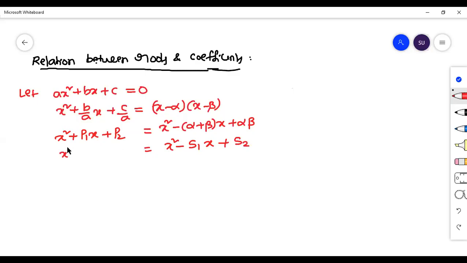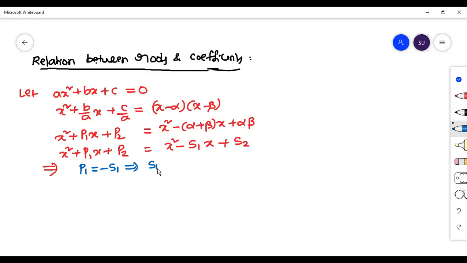If you equate these two equations, can we write P1 is equal to minus S1?